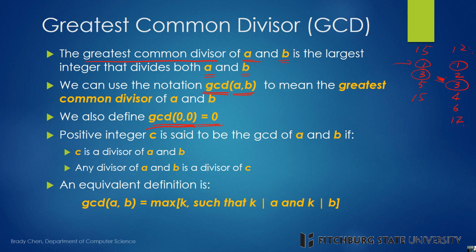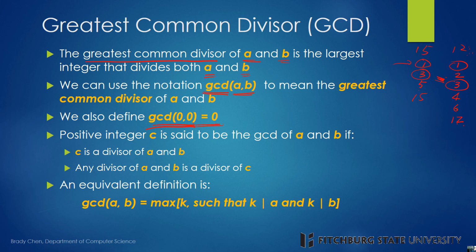So that means GCD of 0, 0 could be 1, could be 2, could be any number. So the greatest common divisor of 0 and 0 doesn't exist, right? Because 100 is a common divisor of 0, 0. 200 is a common divisor of 0, 0. So which one is the largest one? There's no limit.